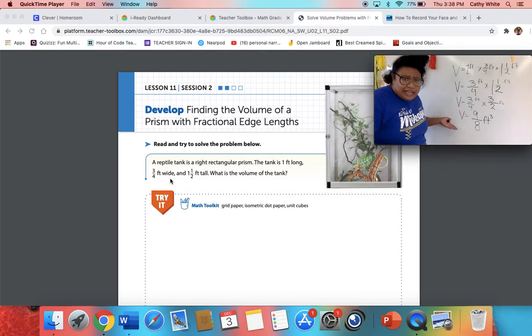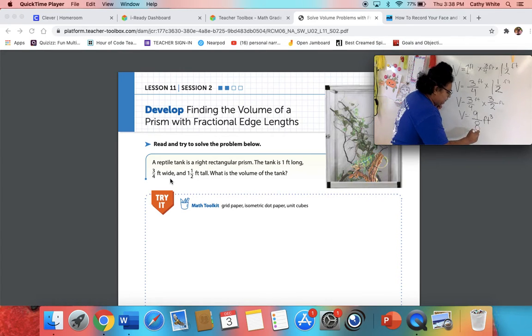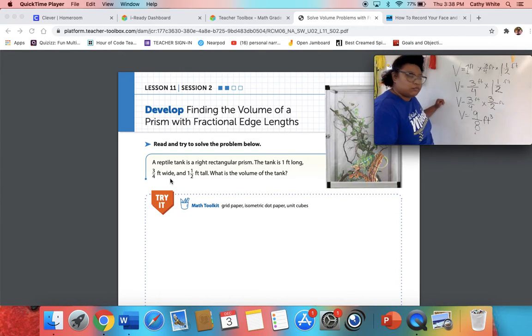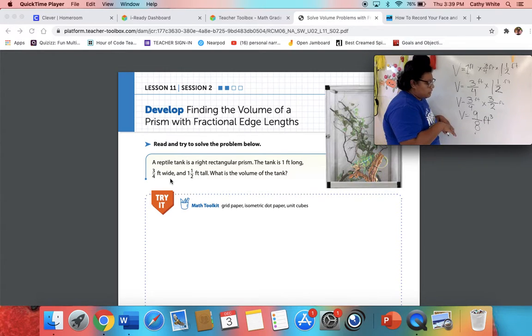But let's say you're playing Kahoot and this isn't the answer. If you want, you can change this into a mixed number. Now, to do that, you do the reverse of mixed number to improper fraction. We're now doing improper fraction to mixed number. So I'm going to divide 8 into 9. How many times can 8 go into 9?